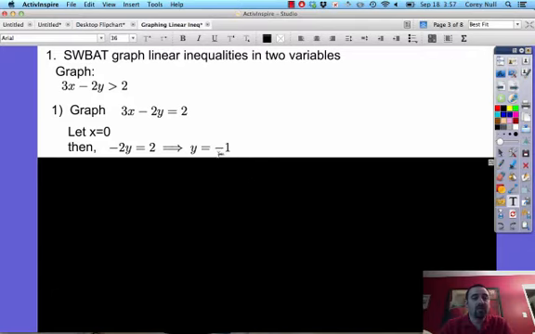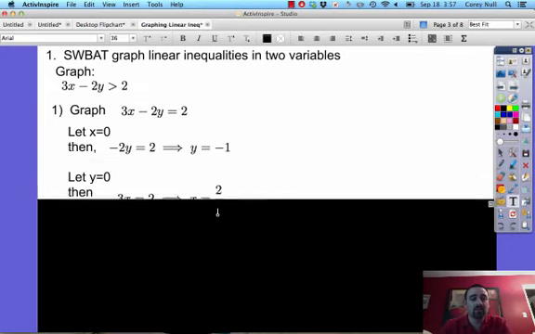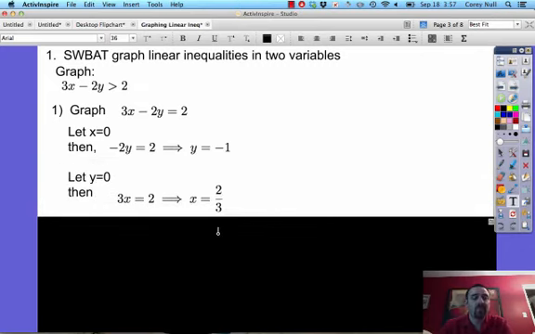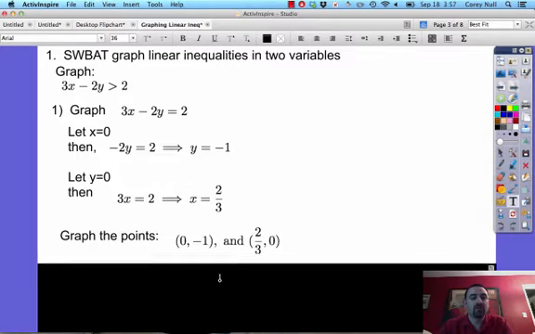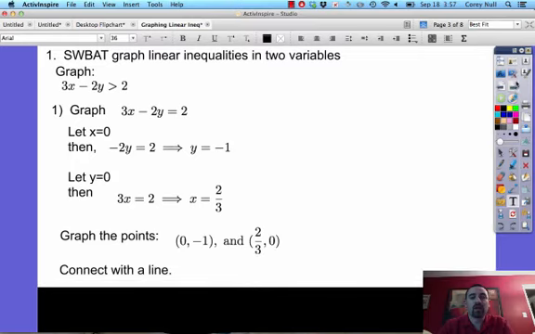So setting x equal to 0 gets me the y-intercept. Likewise, setting y equal to 0 means that 3x will equal 2, and I'll get the x-intercept. This is the method we use when we want to find the x-intercept and the y-intercept. So I'm going to graph those two points and draw a line between them.